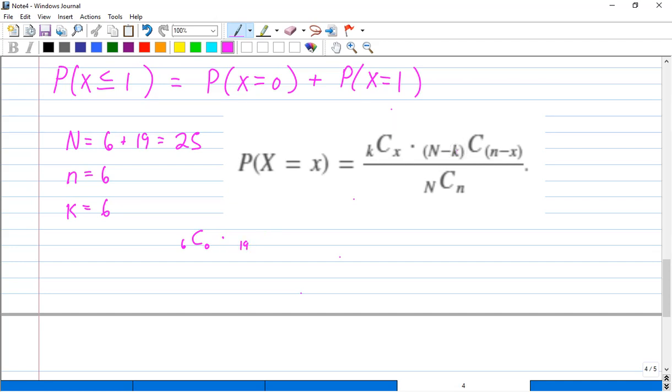So 19C, and then little n minus x. Little n is 6 minus x is 0. So it's 6. Divided by big N was 25, C, little n was 6.